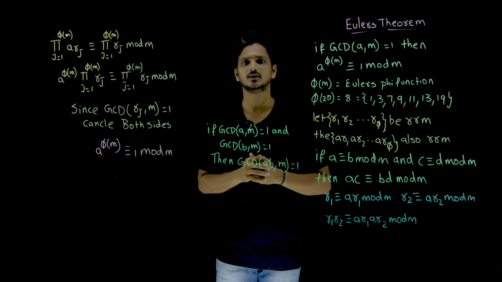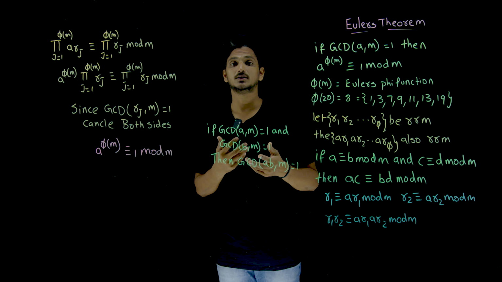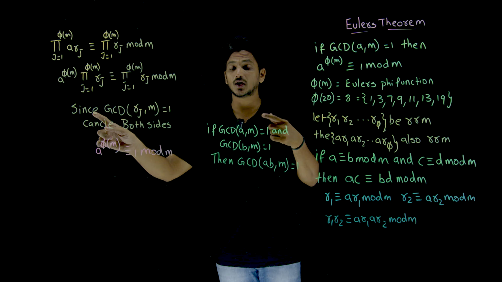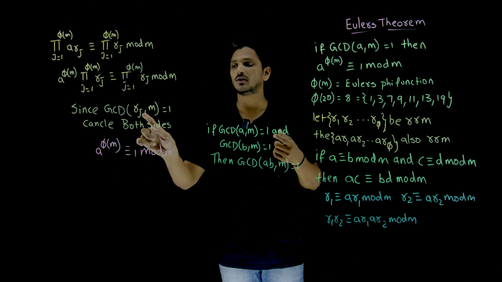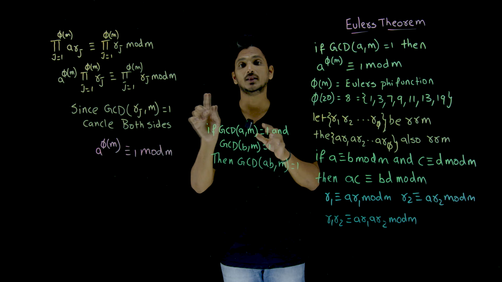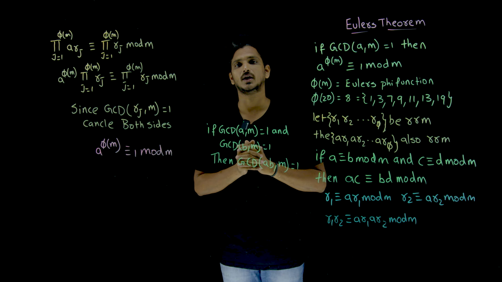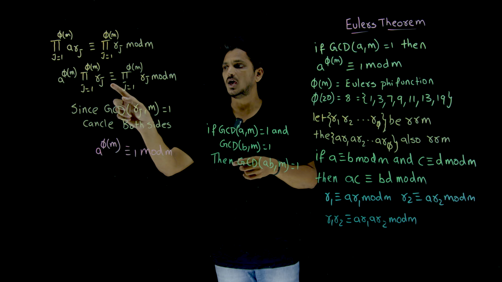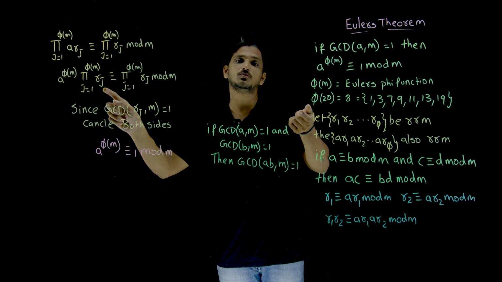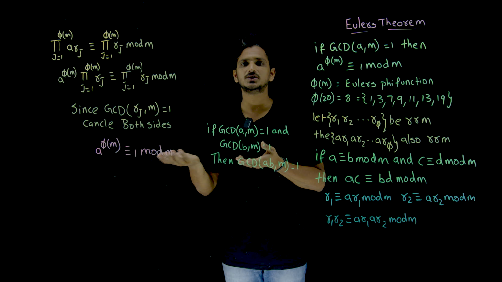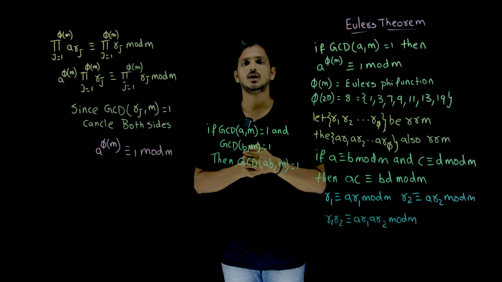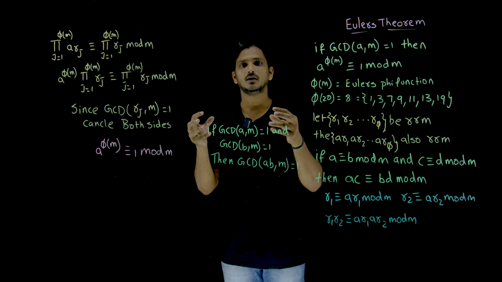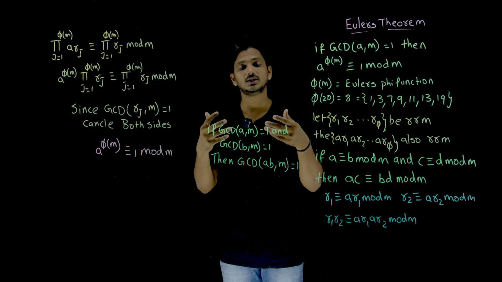Can we cancel this product on both sides? Yes, we can cancel this from the congruence property in our previous classes, because we are able to cancel if GCD of Rj comma m is equal to 1, then only it can get cancelled on both sides. Yes, GCD of Rj comma m is equal to 1, because Rj is a reduced residue modulo value. But here the multiplication of all Rj's, yes, it is also going to provide GCD value 1.